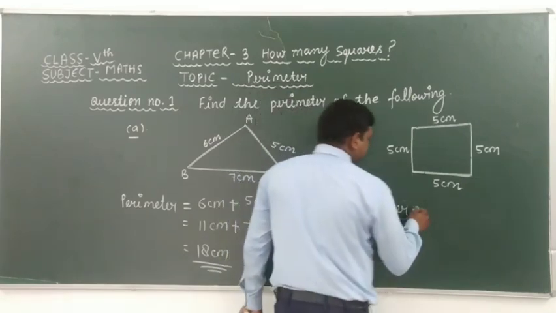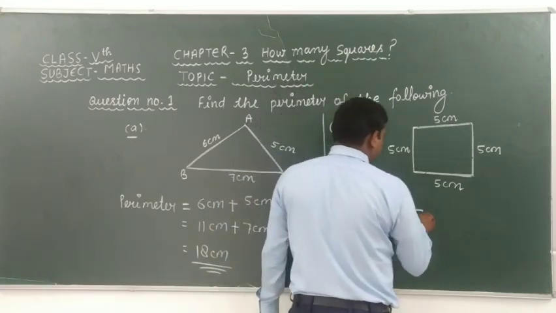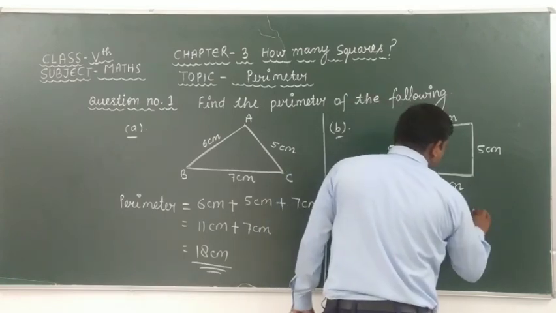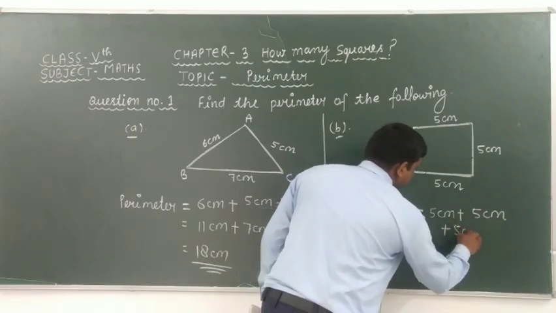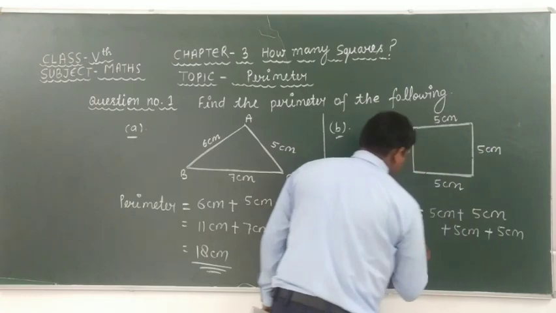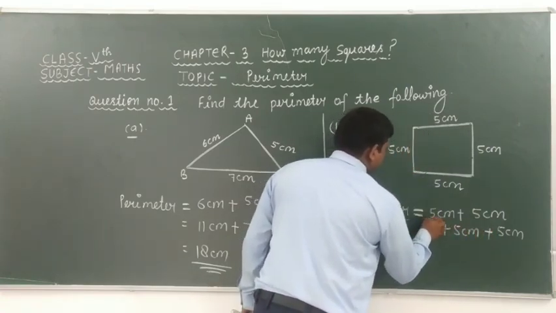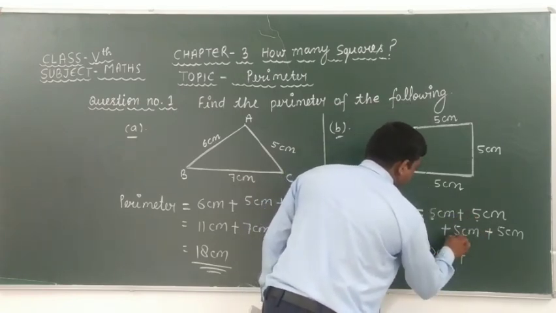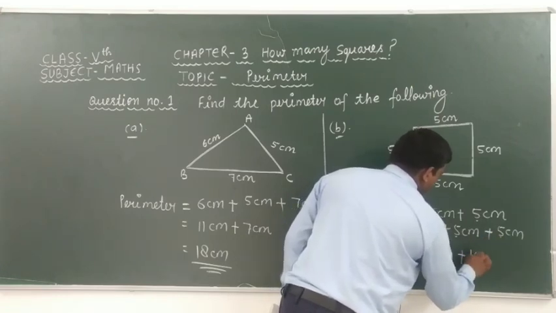Now let's start. Here we can write 5 centimeter plus 5 centimeter plus 5 centimeter plus 5 centimeter. After adding these, we get 5 centimeter plus 5 centimeter is equal to 10 centimeter, plus 5 centimeter plus 5 centimeter is equal to 10 centimeter.